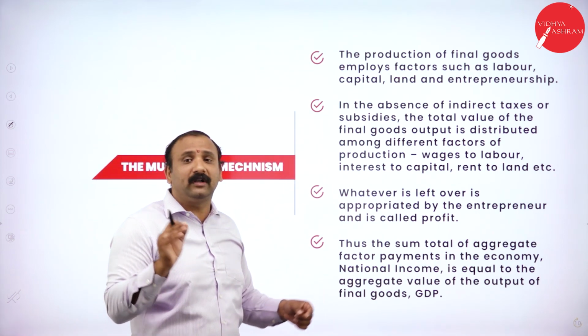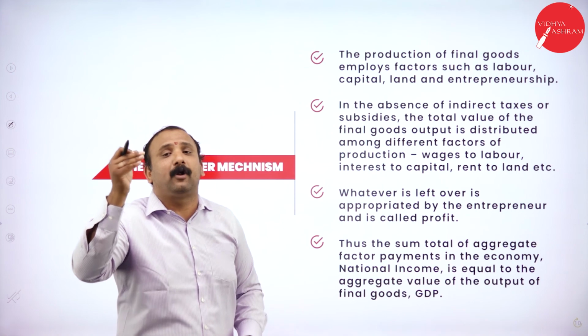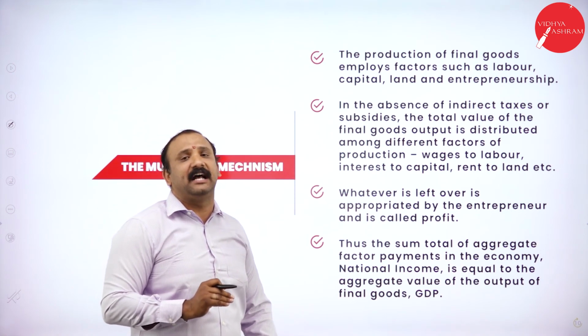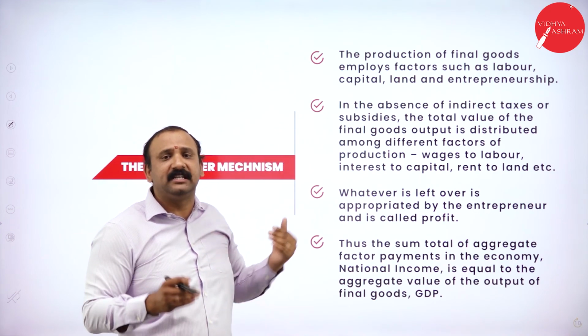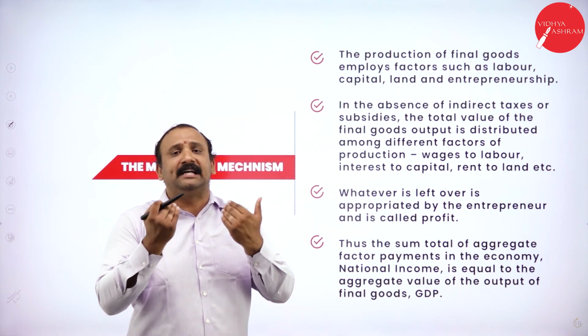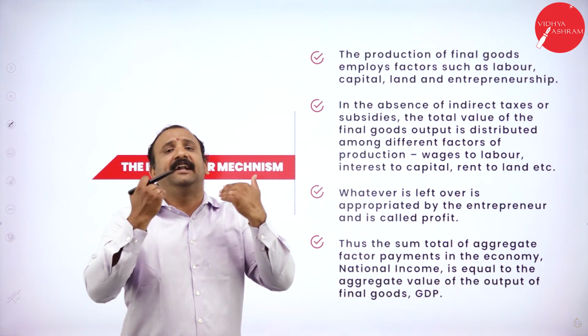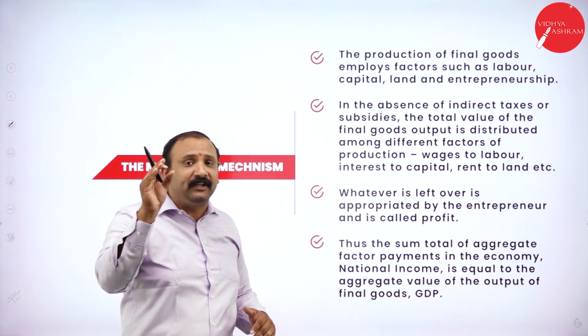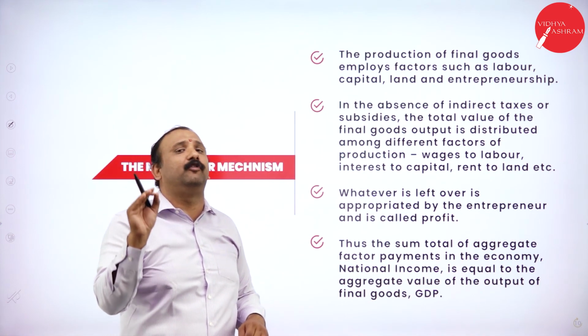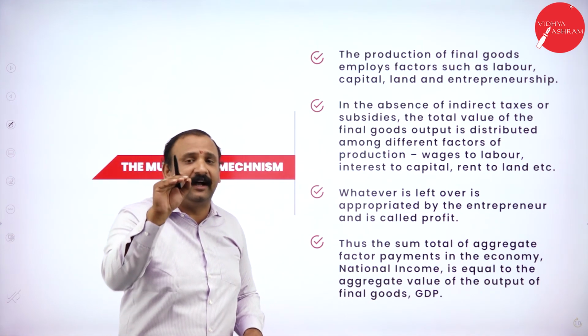Second factor, whatever is left over is appropriated by the entrepreneur as profit. After the deduction of all these things, whatever remains, I call it profit. I, as the owner of the company, the entrepreneur of this country, will call this profit. But that profit might not be sufficient for me. Why?